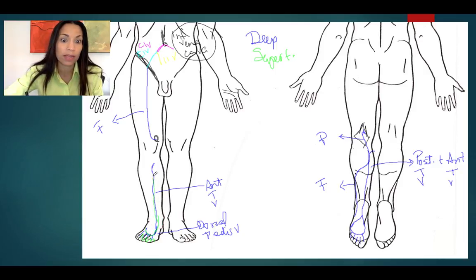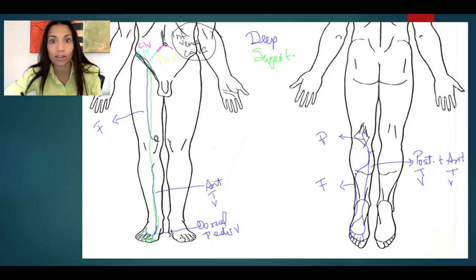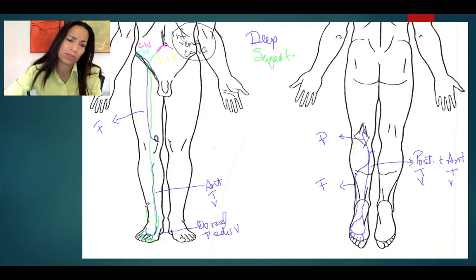This is the great saphenous vein, and it's called the great saphenous vein because look, it's the largest vein of our body, and it extends from maybe your ankle toward the inguinal ligament. And on the lateral side, we have lateral and posterior.